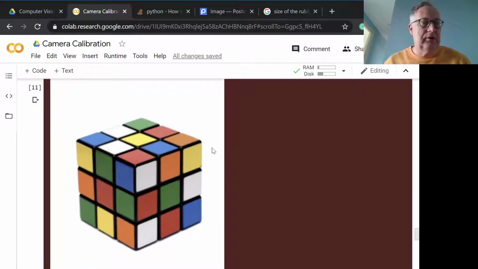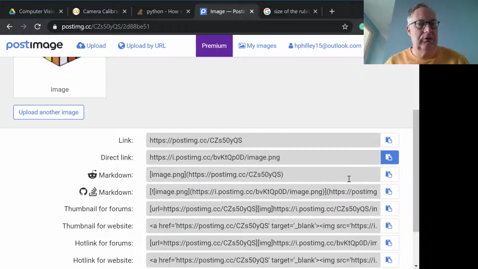So we'll start out. We have a Rubik's Cube image that you can access. The link for the image is here.